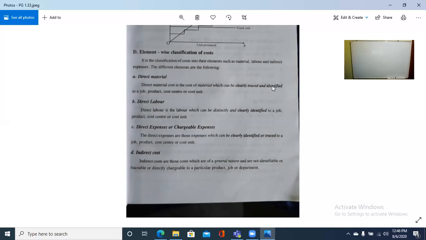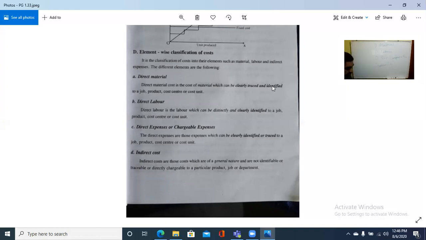Element wise classification. The constituents are direct material, direct labor, direct expenses or chargeable expenses, and indirect cost.